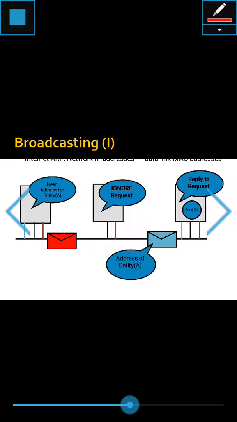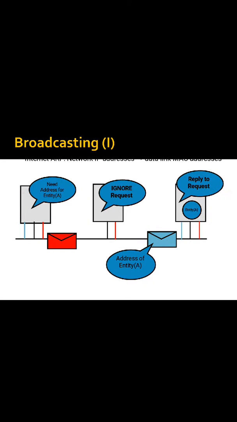For example, if there are three machines, and the first machine needs the address of entity A, it will simply broadcast a request to all the machines. All the machines will receive the request, but only entity A will reply to the request with its address, and all other machines will just ignore the request.